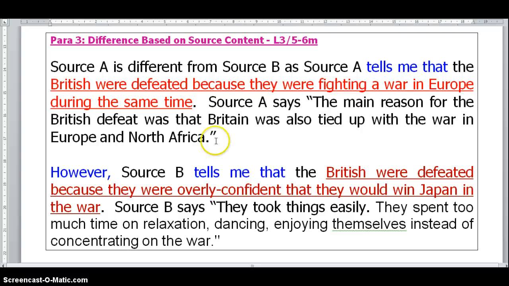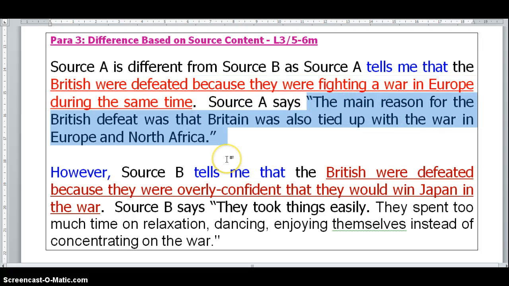For the third paragraph, remember you always have to give both similarities and differences. I would write down that source A is different from source B, as source A tells me that the British were defeated because they were fighting a war in Europe during the same time. How do I know that? Don't forget to give the evidence.